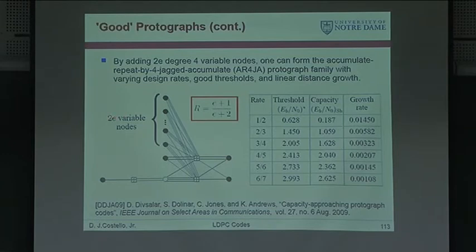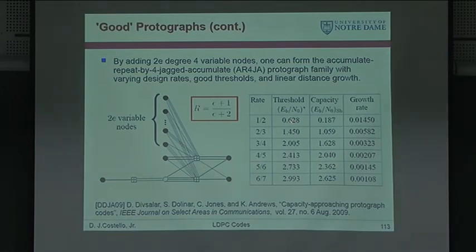And depending on what e is, if e is 0, you get rate 1/2. You get higher rates by adding more of these variable nodes. You get a lot more variables, the same number of checks. So they got a whole sequence of very nice codes, with rates, say, from 1/2 up to 6/7. You can keep going. I just showed these in the table.